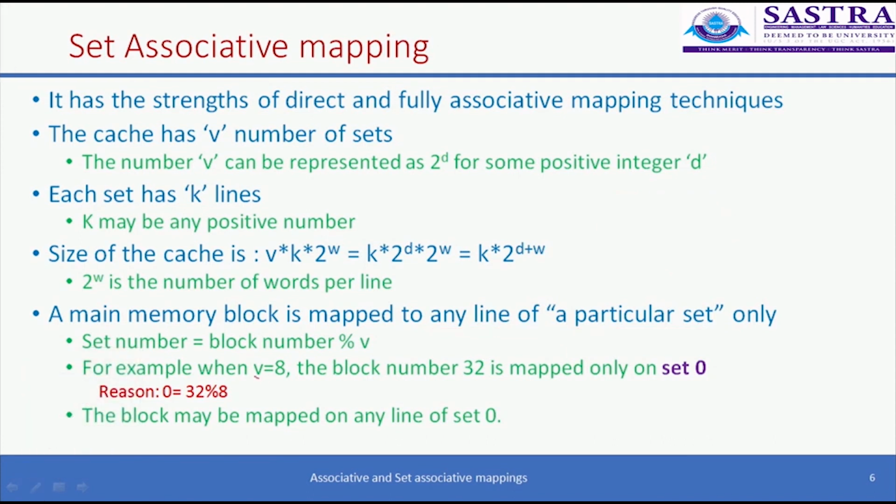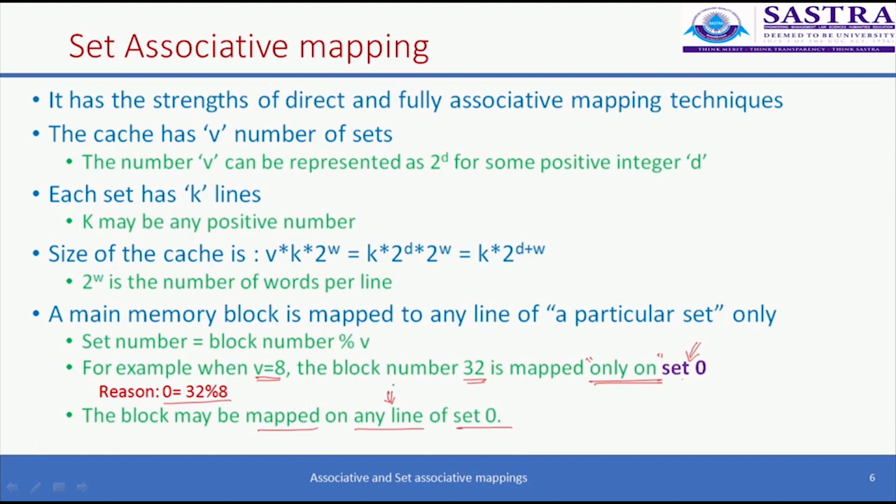For example, when V equal to 8, the block number 32 is mapped only on set 0. Why? Because 0 equal to 32 mod 8. But the block may be mapped on any line of set 0. So, this indicates the characteristics of direct mapping, and this indicates the characteristics of fully associative mapping.